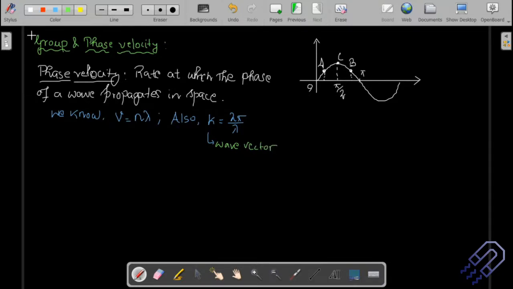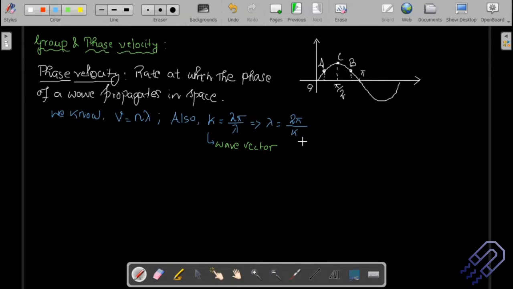So this is our wave vector. That means I can find out what my lambda is. Lambda is equal to 2 pi divided by k.